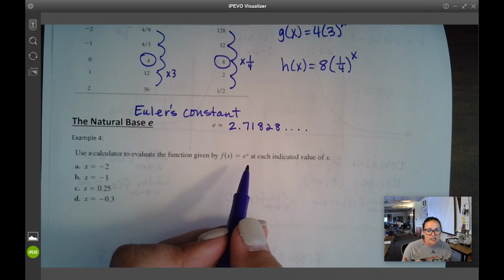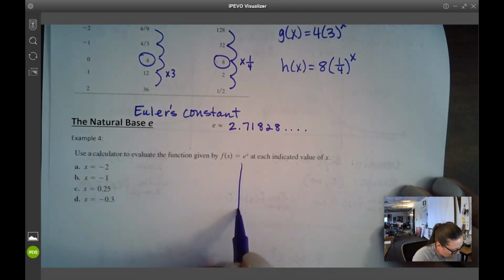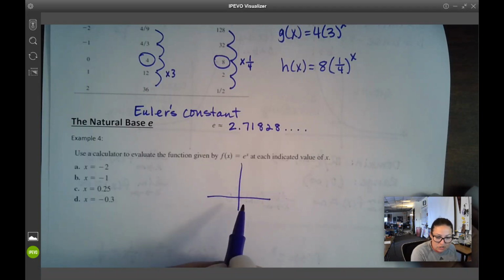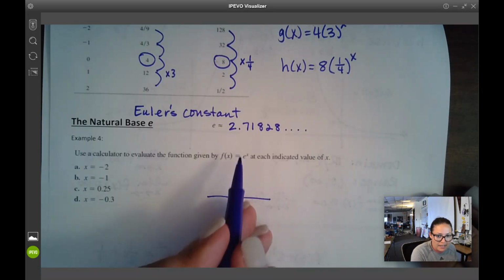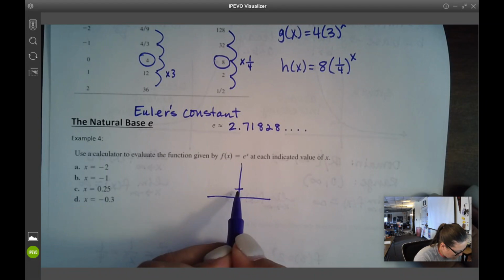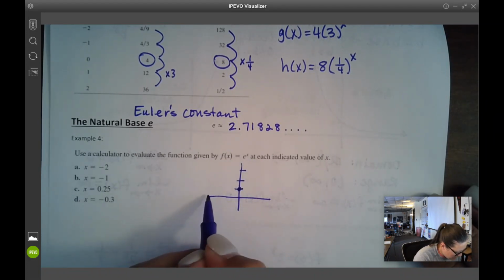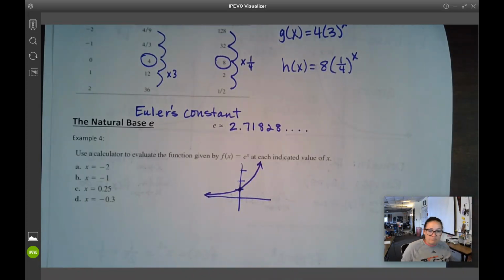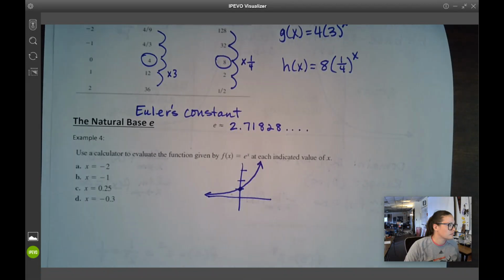But it really would look just like any of the other exponential functions we looked at. Now, what's my initial value? Technically, there's a 1 there in front, right? And anything to the power of 0, including e, is 1.